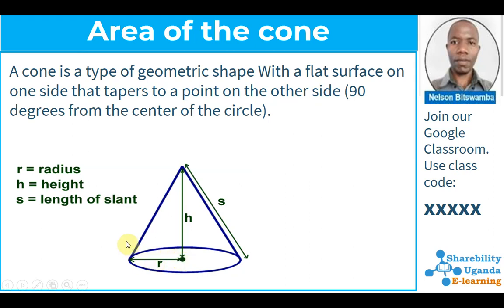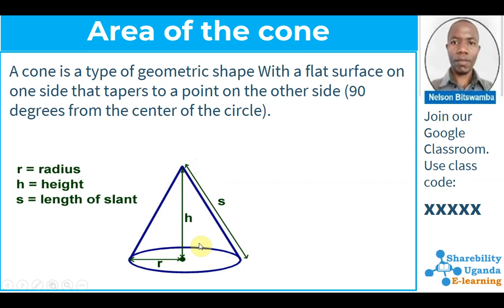So basically, when you look at a cone, you can derive very many shapes in it. So finding the surface area of this cone, we also have to know about these shapes that are formed in it, for us to find the whole area or the whole volume.